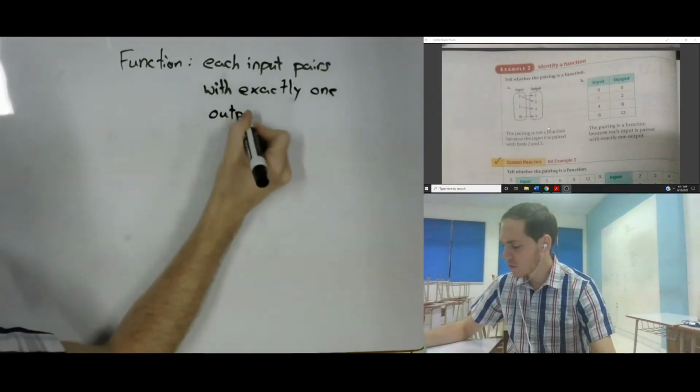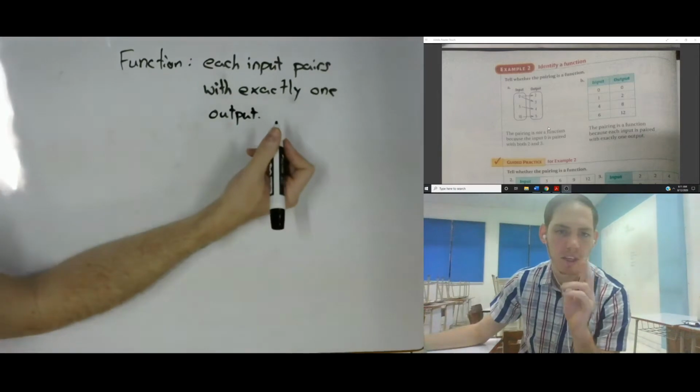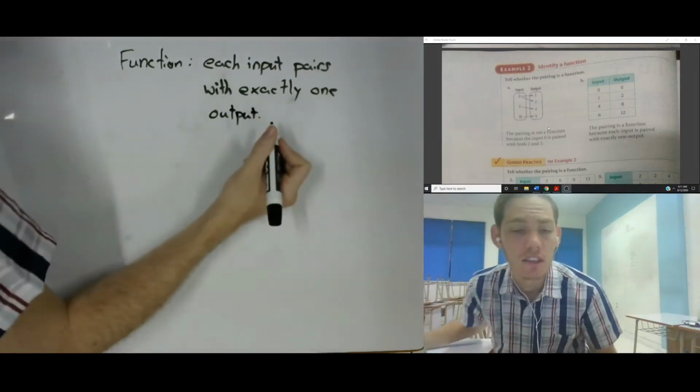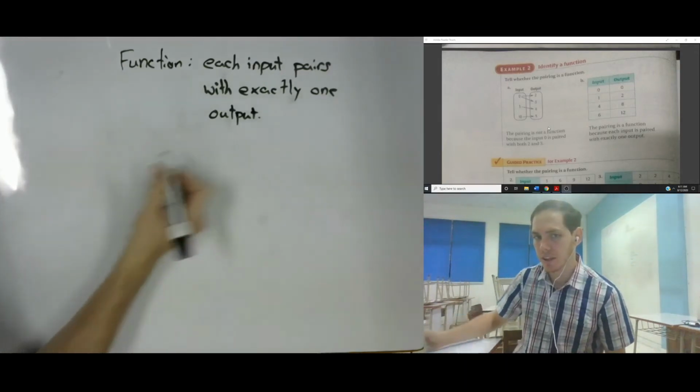Okay? What's that mean, pairs? It means it connects to only one. You can only draw one arrow from an input to output. But two inputs can have the same output. Okay, we'll talk about this.